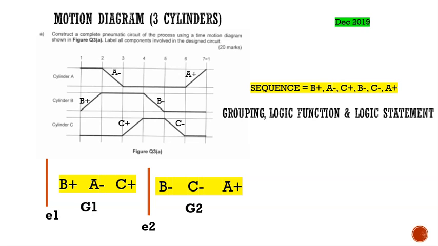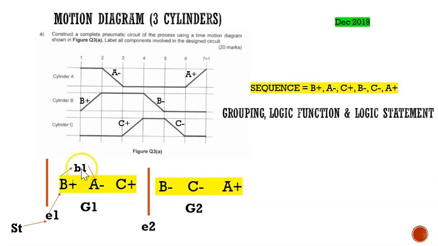Okay, let's do the function. Don't forget the ST always here, and then ST goes to E1, E1 goes to B plus, and B plus will go to B1, because 1 is for the plus sign.